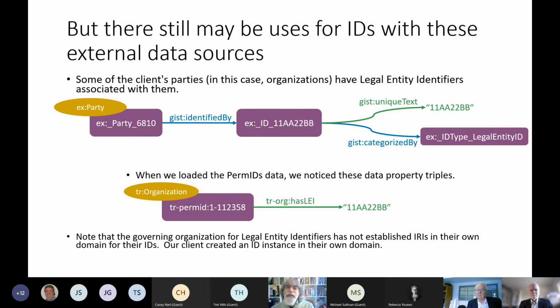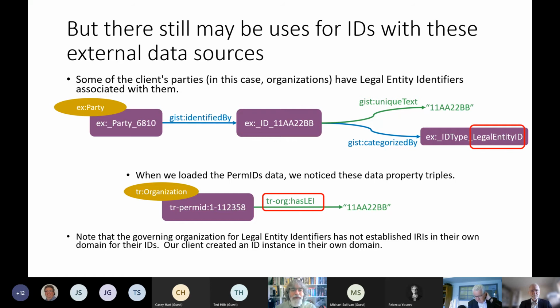So then the client wanted to bring in the perm IDs data in order to supplement what we would know about various organizations and people out in the world. And we brought that in, and we noticed that among the triples that the perm IDs data had was this TR.org has LEI thing. So it's like, let's check. We checked the documentation, made sure that has LEI was in fact referring to these legal entity identifiers from this third party.